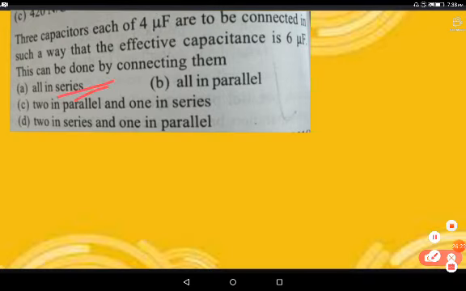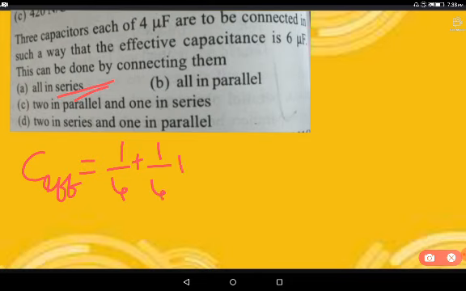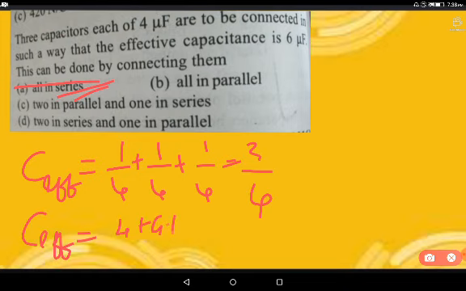If all are in series, what will be the C effective? C effective will be 1 by 4 plus 1 by 4 plus 1 by 4, or 3 by 4. So we can exclude option A. If all are in parallel, C effective will be 4 plus 4 plus 4 and we will end up with 12. So we can cut this option too.